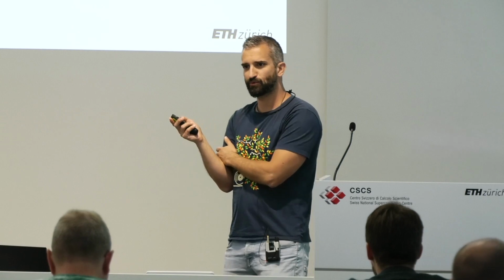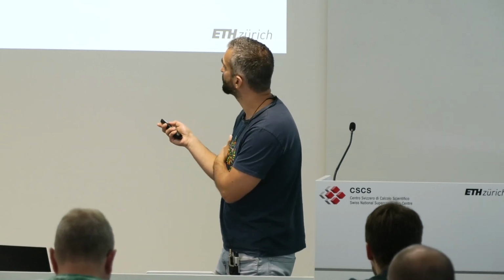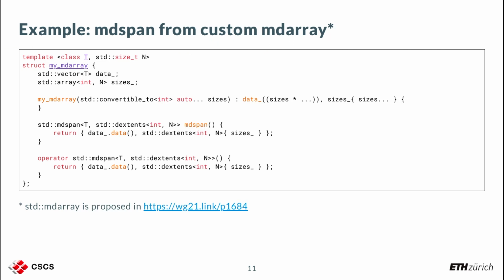If you want to see one more slide with code, it would be that. Probably you have your own multidimensional array, and what you should do is provide some way to get an mdspan to your data, because then your allocation part, the owning mdarray thing, can be used in other libraries that want an mdspan in their interface.